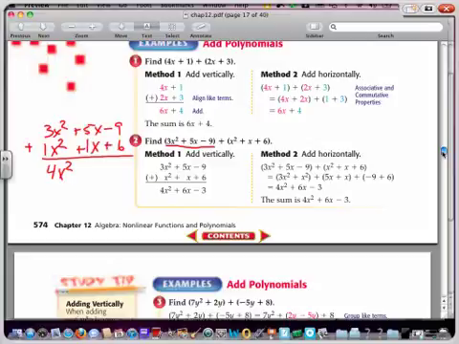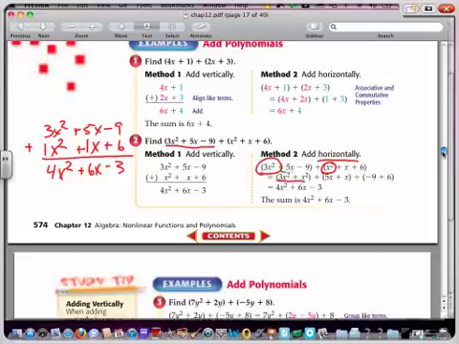5x plus 1x would be 6x. And negative 9 plus 6 actually would end up being negative, so it would end up being negative 3. And if we want to go back over and do it horizontally, we say, here's one term and that term, rewrite them over there.